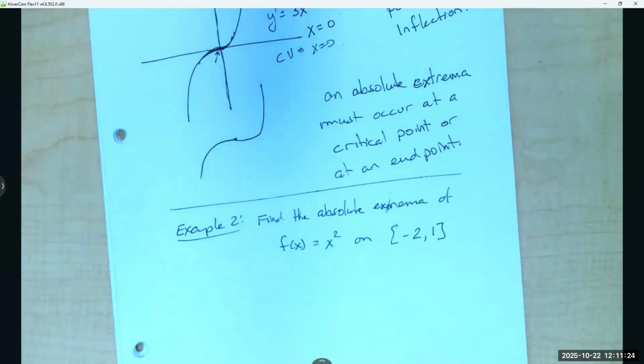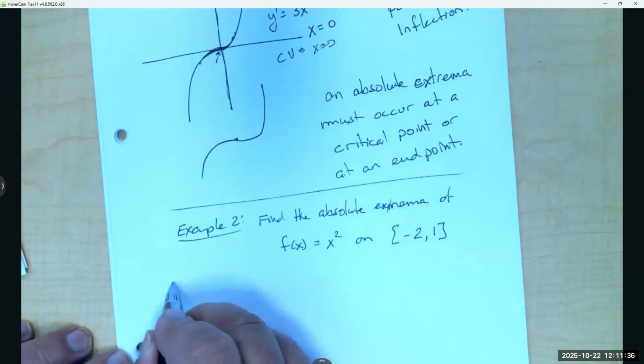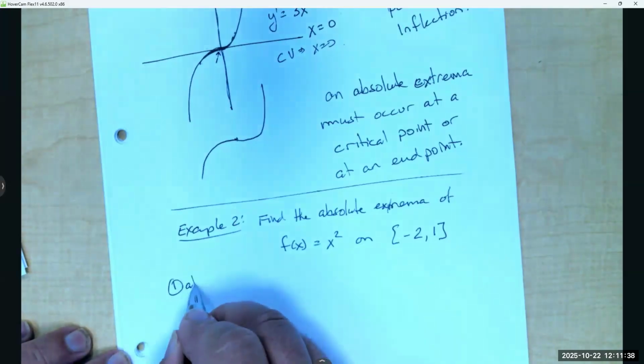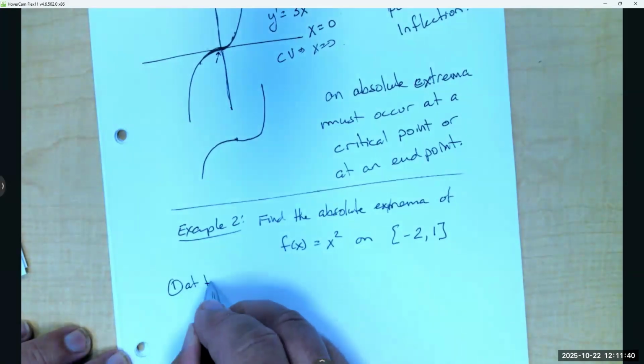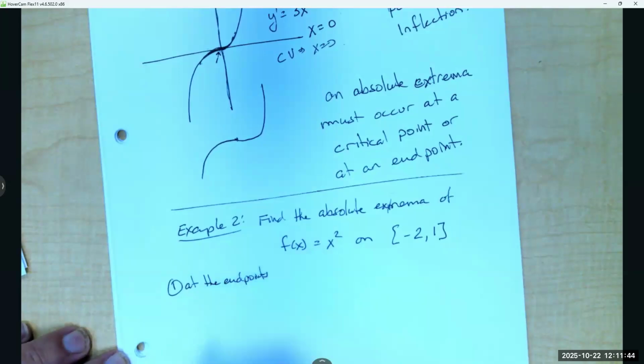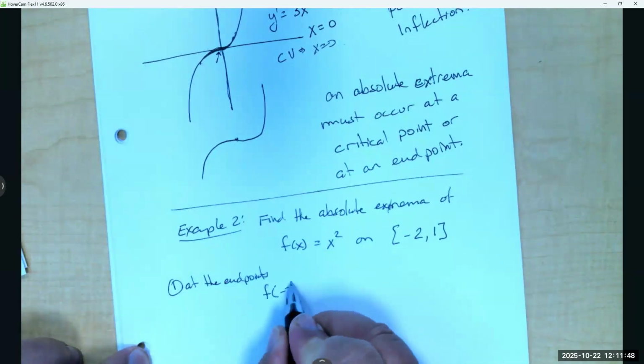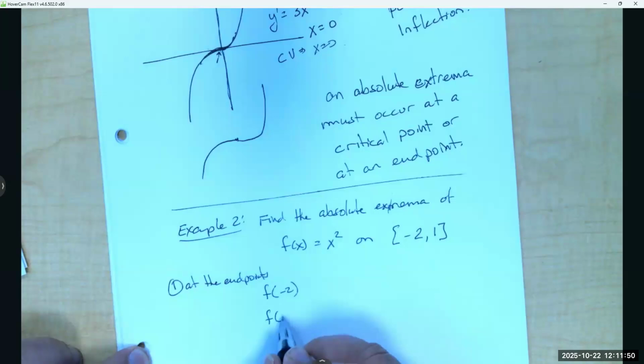Find the absolute extreme values in that domain. So how do we find the absolute extreme points? The first thing you've got to do is look at the endpoints. What are the values? So we have f of -2 and f of 1.